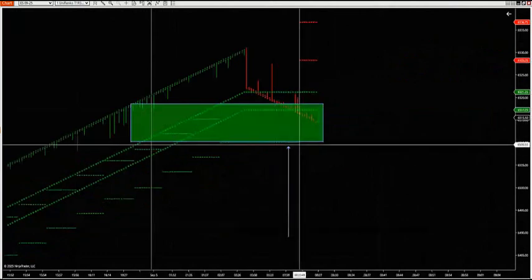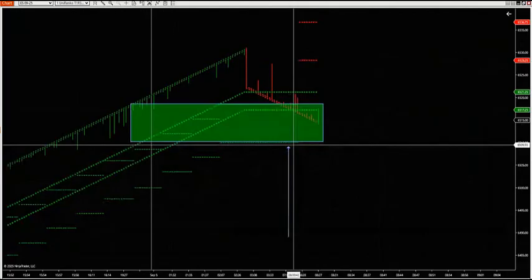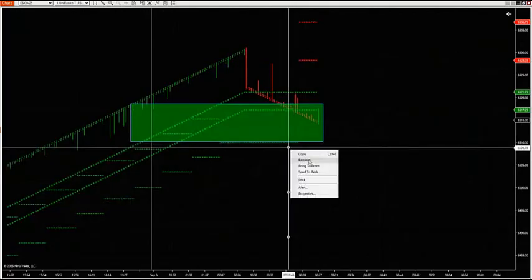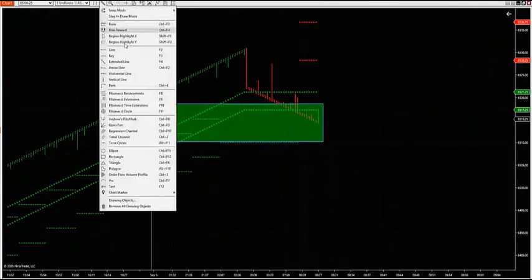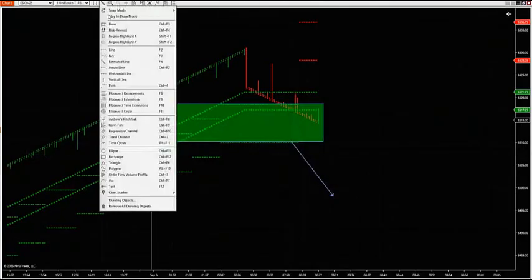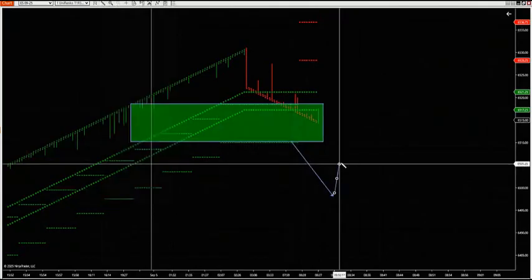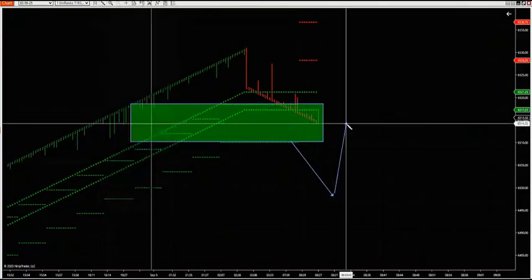Now, what happens if we break this zone at 65.10? Well, then it's breaking market structure. Market structure has been broken, and we're going to simply look for a failure in the market to come down, rotate back up, and we're going to look for a sell zone and try to take it lower.